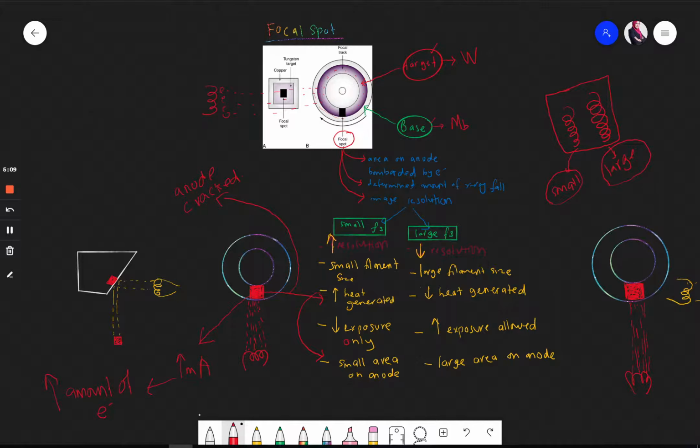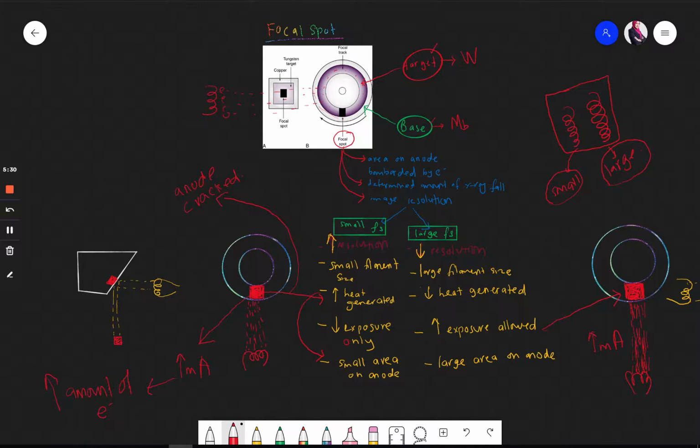So if we have a large focus spot size, we can allow a larger exposure, meaning we can use a high mA value. A much greater amount of electrons can be supplied towards the anode compared to here.